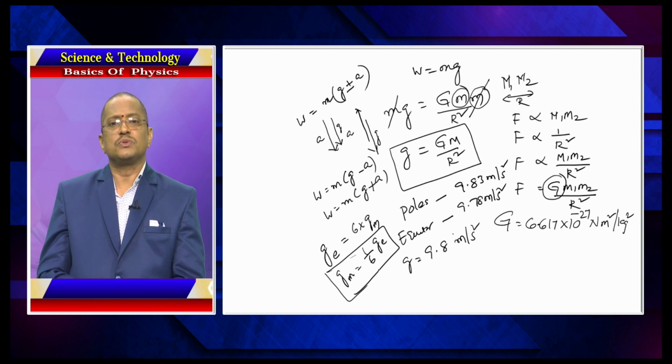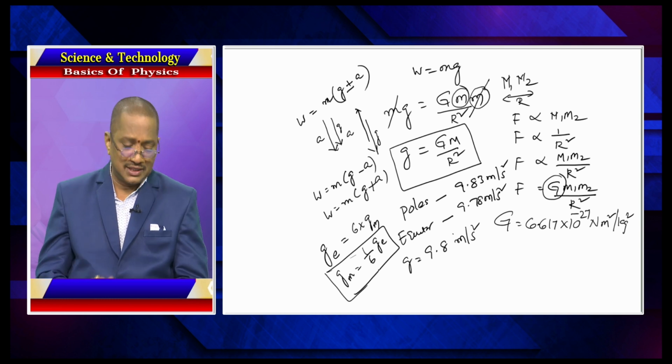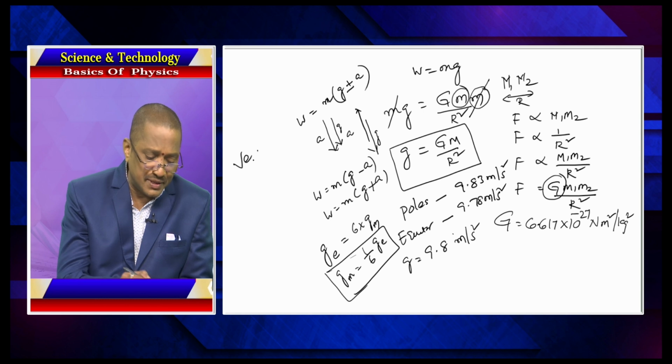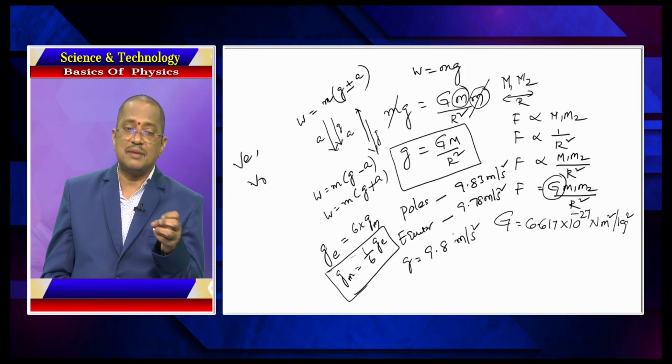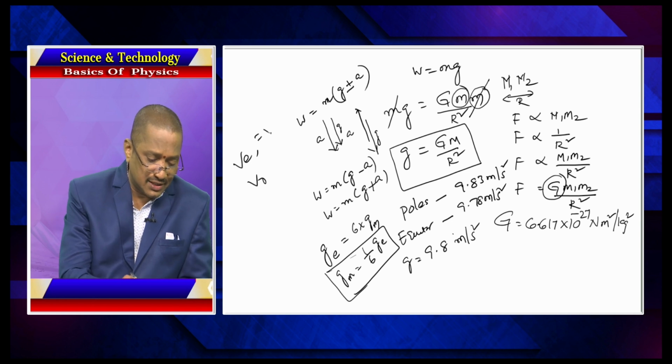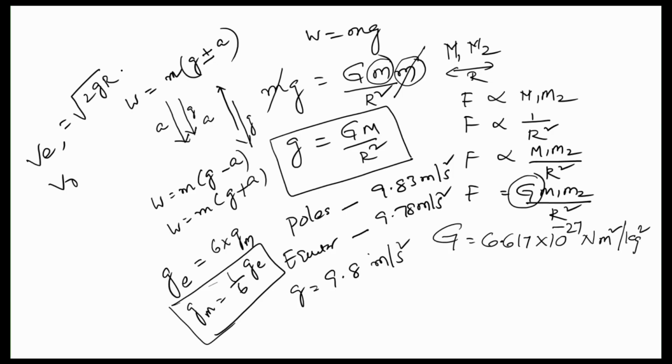And by using this, we have escaping velocity VE and orbital velocity VO. You are using two words based on this gravitational force. Escaping velocity is √(2gr), and orbital velocity is √(gr), where g is the acceleration due to gravity and r is the radius of our earth.